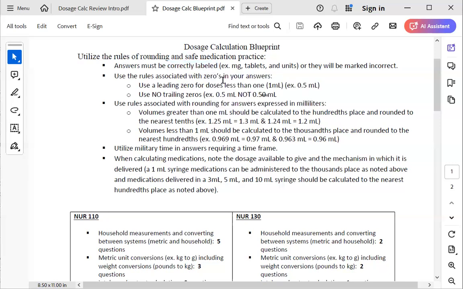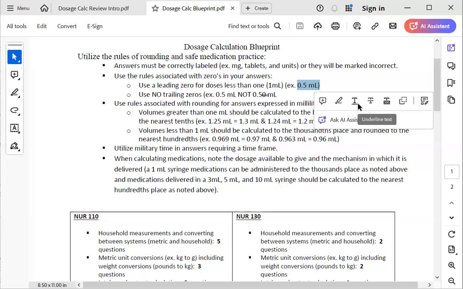You're always going to have some sort of label associated with your numbers. Zeros, this is not usually an issue for most students, but if it says use a leading zero for doses less than 1 milliliter, all that means is if you get an answer that's 0.5 milliliters, you want to write it out as 0.5 milliliters. Don't just write .5.